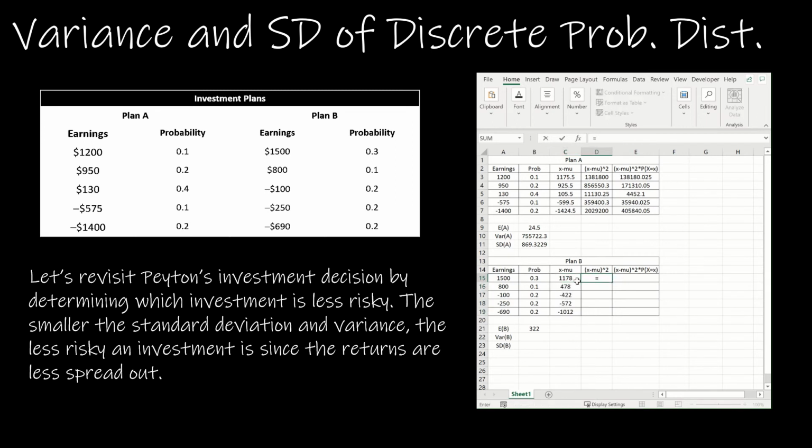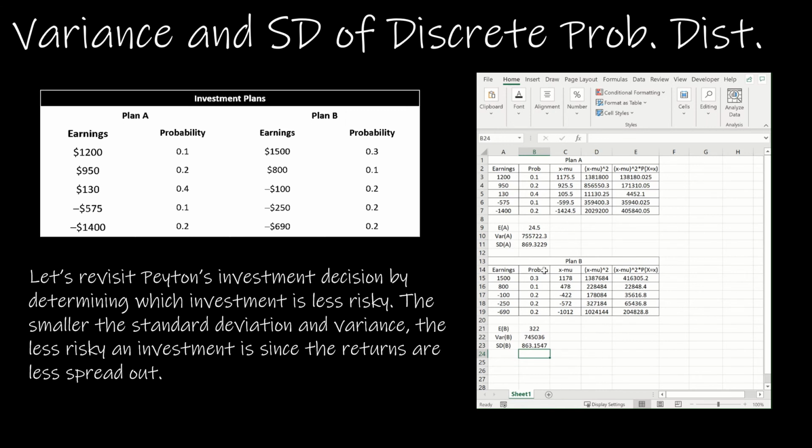Then I'm going to take this value and square it, and then take this value times the probability. The variance is simply the sum of all of those values, and the standard deviation is the square root of the variance.